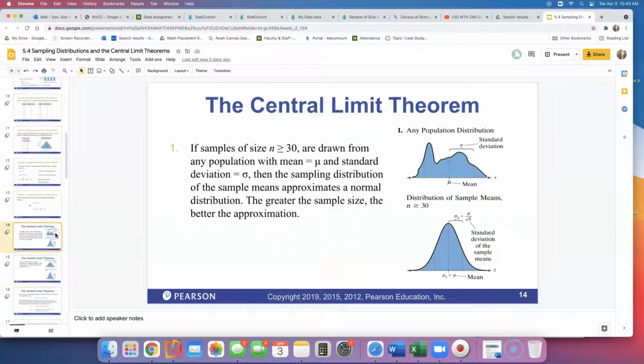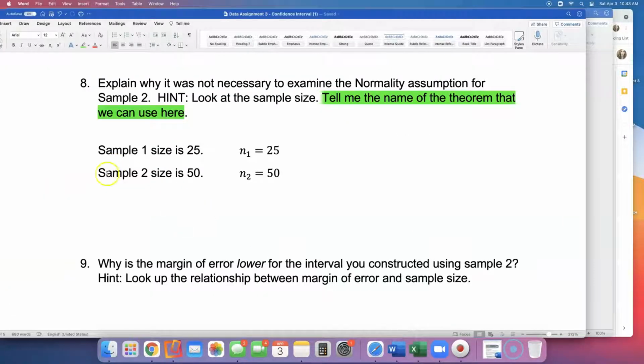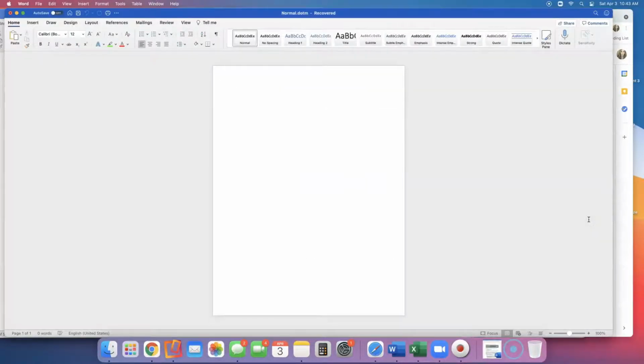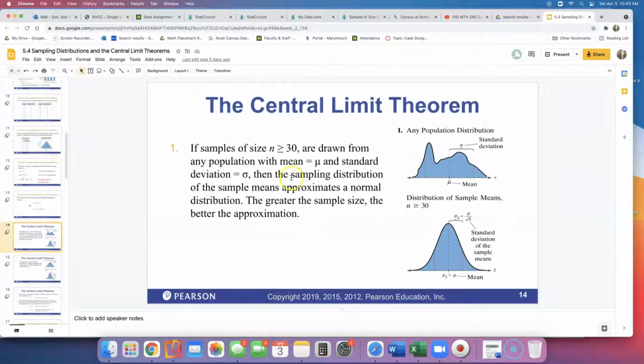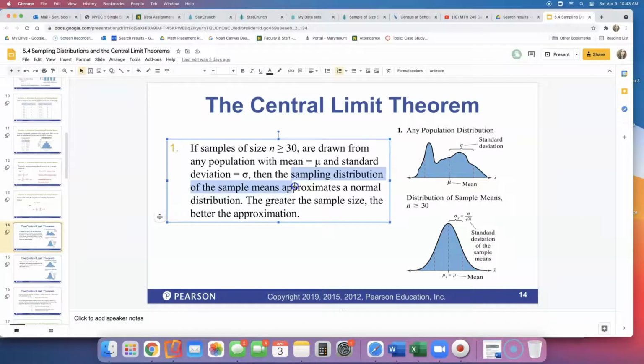That is why for sample 2, whose size was 50, we can go ahead and just use the central limit theorem, and we don't really have to examine the normality assumption because the sample size is already 50, it's greater than 30. The sampling distribution of the sample means approximates the normal distribution.